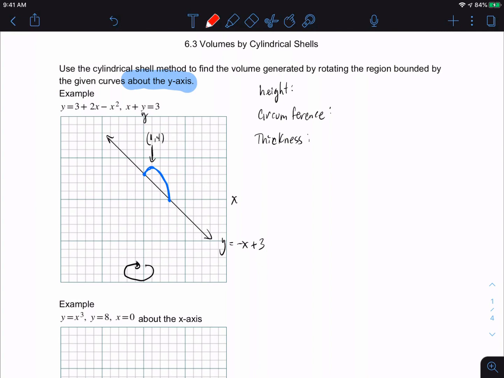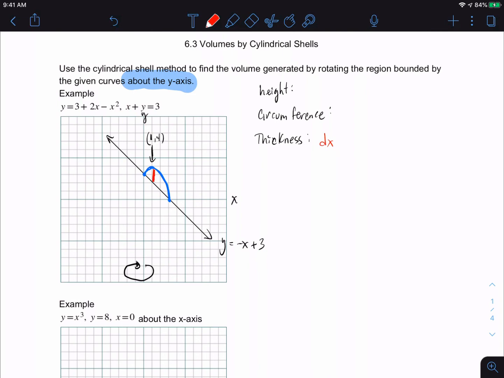Well, the y-axis is a vertical line, and so we should have a vertical slice, right? Since we have that vertical slice, we're going to think of how thick this line is as our dx. That's the thickness of how things are being rotated around. So that's going to be my dx.